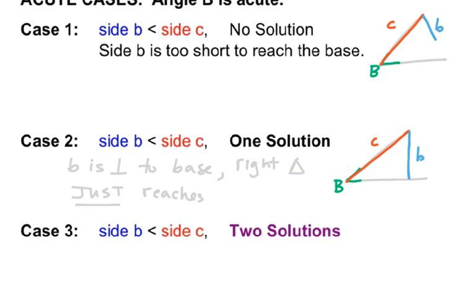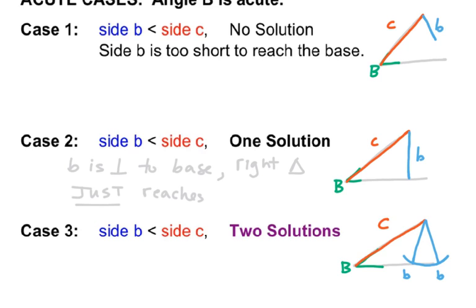So again, we're dealing with this acute angle B. We're still calling this side right here C. And B is shorter than C, but it's just long enough to reach. And if I swung it, it could reach in 2 places.